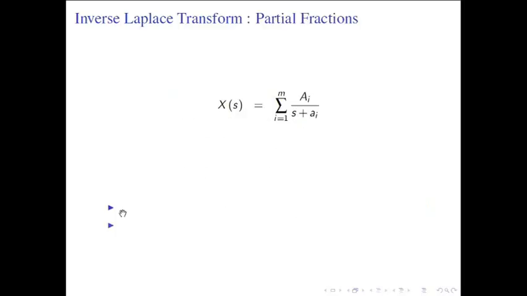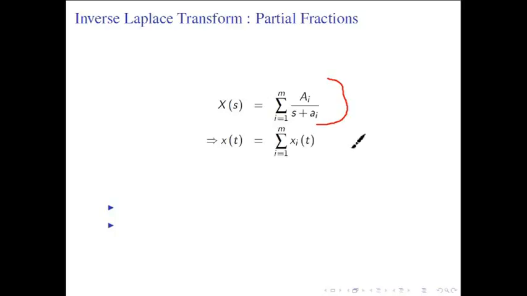In that partial fraction method, the Laplace transform is in a particular expression, which is this expression, and after inverting the Laplace transform, the signal will be like this, which is a summation of one or more signals.